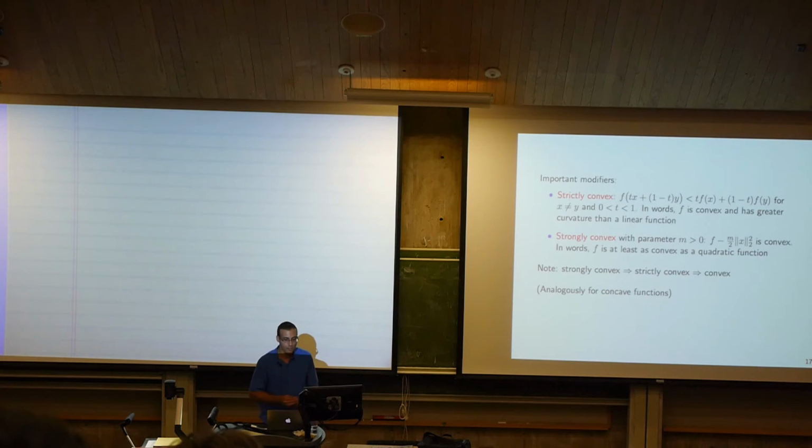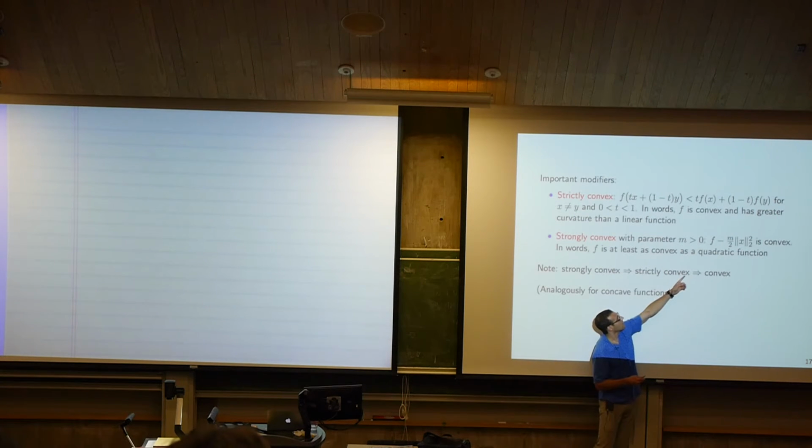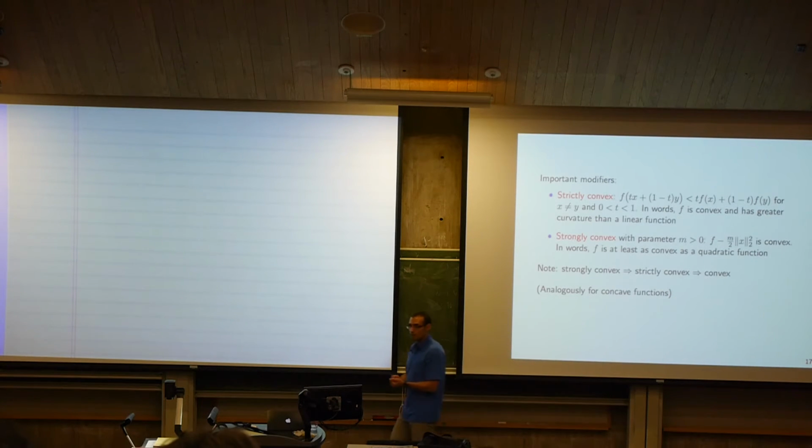How about strong convexity? Strong convexity comes associated with a parameter. This is just a number m, which is positive. So we say that f is strongly convex with parameter m, or sometimes we abbreviate it by saying f is m-strongly convex. If I subtract off m over 2 times the 2-norm of x squared from my function f, that's still convex.